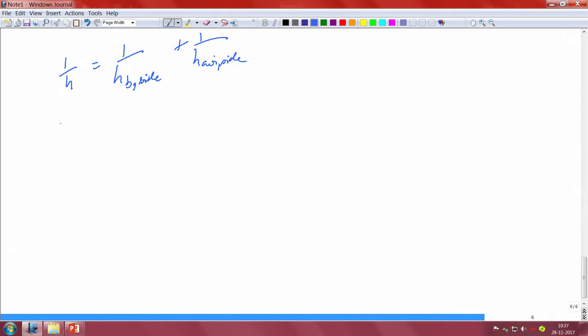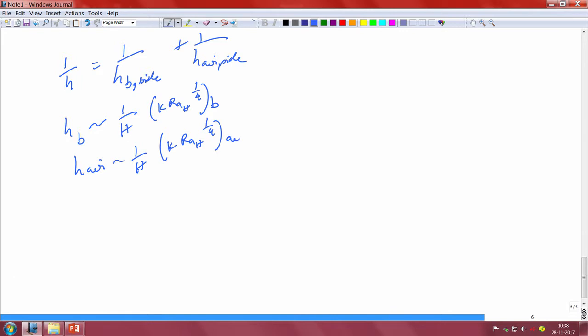Okay. So, h_b here, so there is air and then there is the liquid inside the can. So, h_b goes as k by H times Ra_H to the power of 1/4 for the bottle side, and h_air is given as k by H times Ra_H to the power of 1/4 for the air side, right, because both are by natural convection.